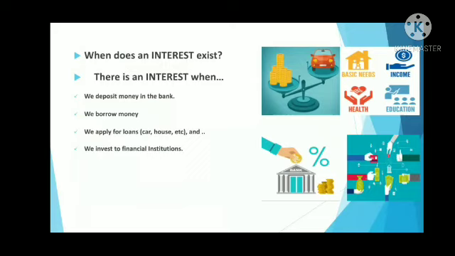So when does an interest exist? There is an interest when we deposit money in the bank. So you earn interest when you lend money or deposit funds into an interest bank account, such as a savings account or a certificate of deposit.